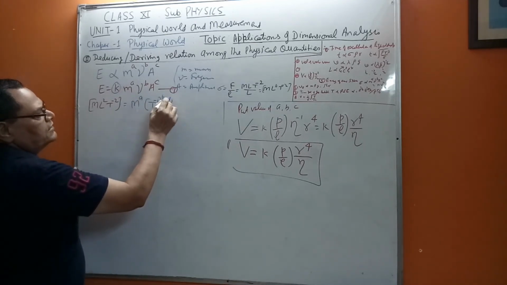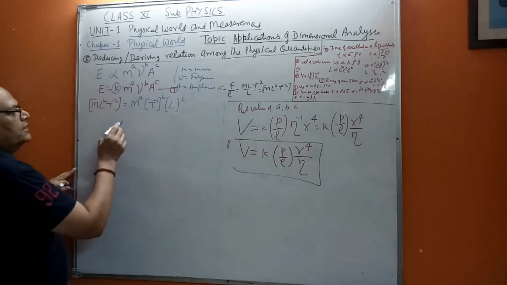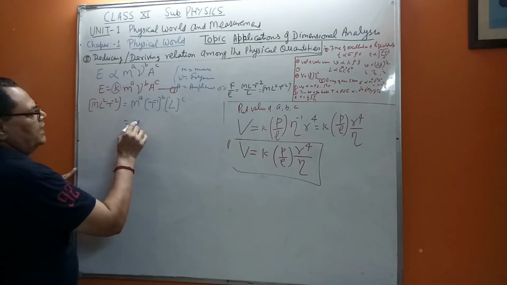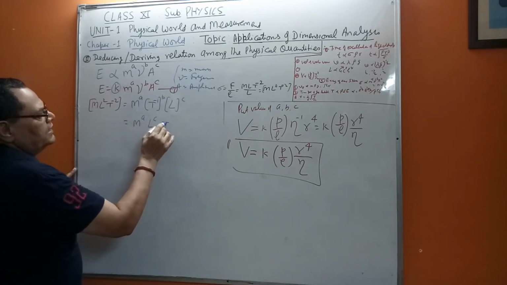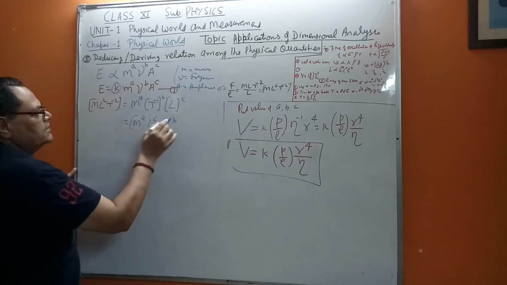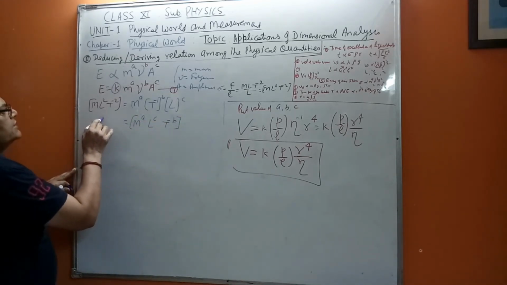Amplitude is simply the length, that is L raised to power c. So therefore you will finally say M raised to power a, L raised to power c, and T raised to power minus b is a simpler form. And here it is ML squared T minus 2.